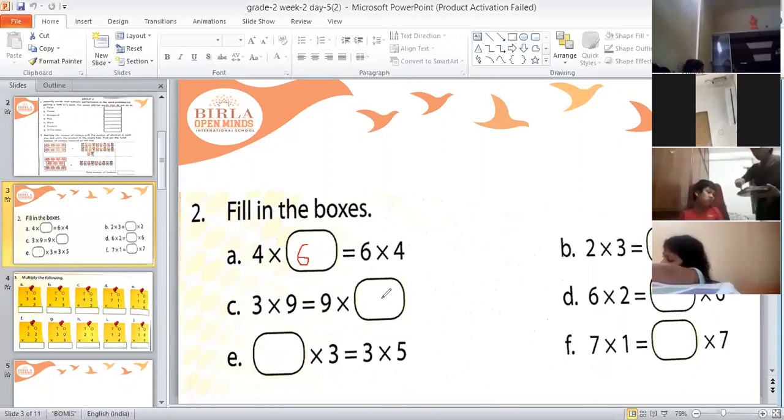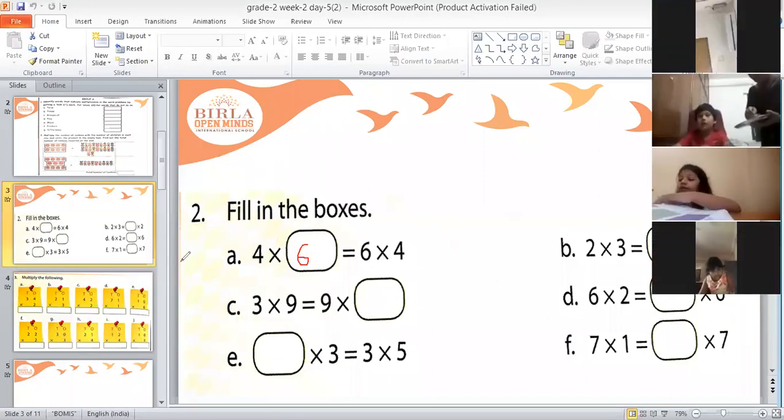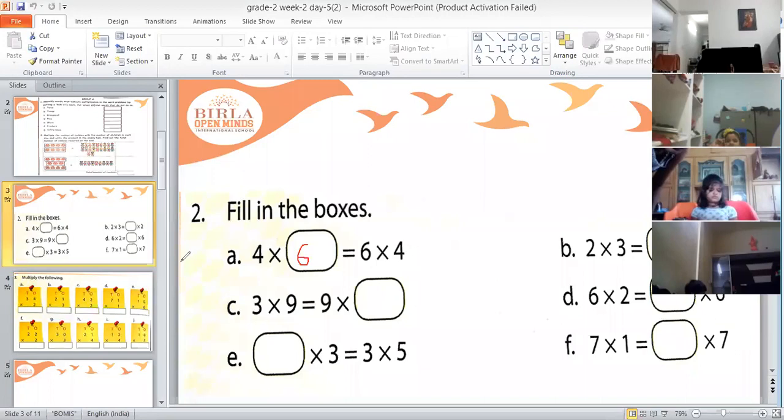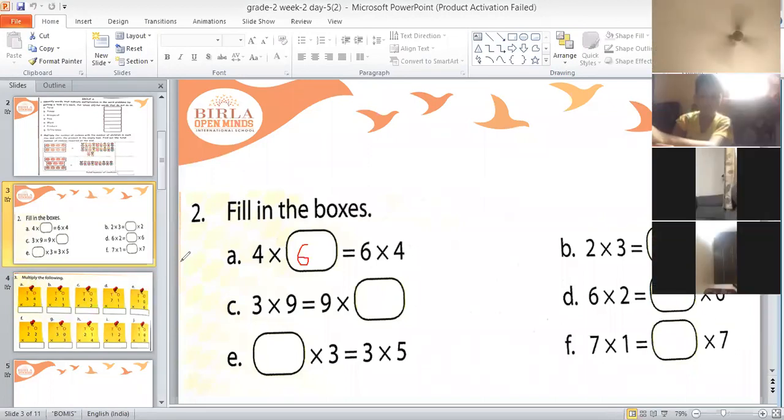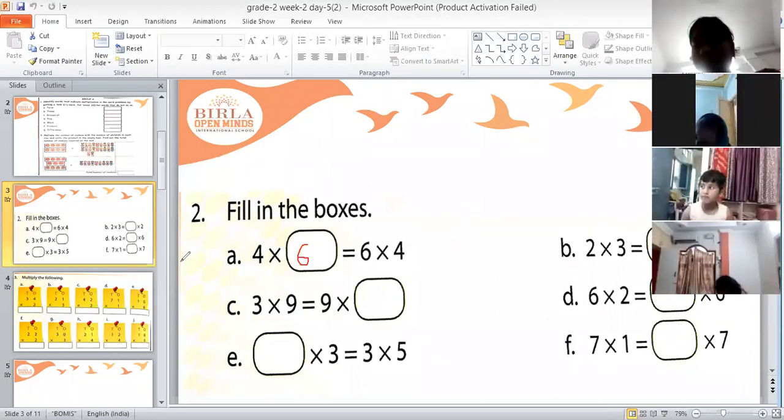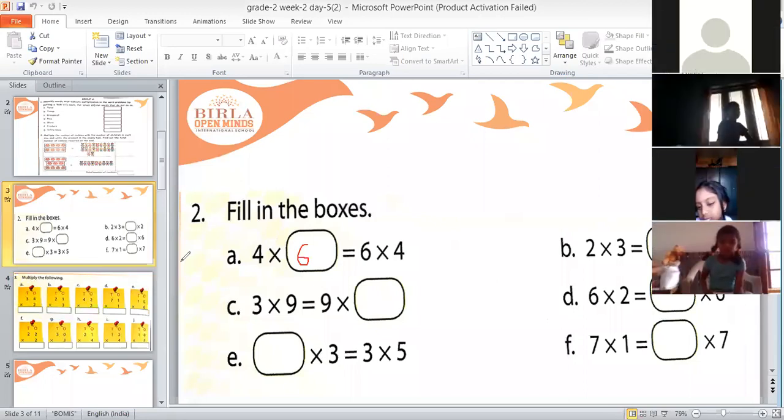Before equal to sign, this is 3 multiplied by 9. And after equal to, this is 9 multiplied by dash. Which number is missing? 19, ma'am. Not 18. Nitya, you were not at all paying attention. You were busy scratching your hair.